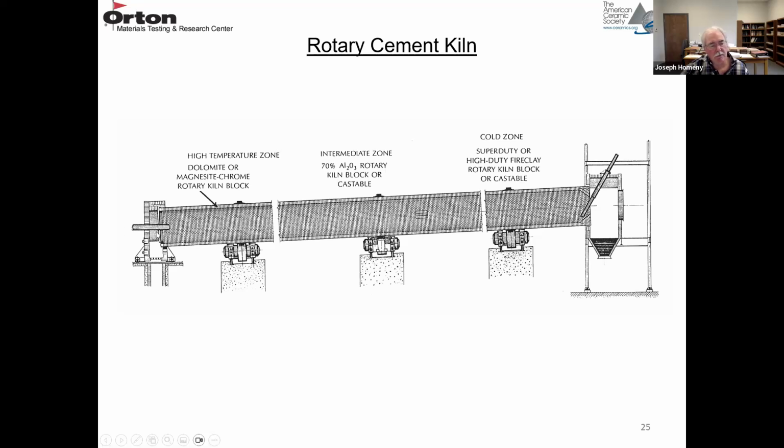So there's a flame here that produces the high temperature in this region and much lower temperatures towards the cold end. So as the charge travels down here, it reacts and forms the cement compounds, and then it exits right here at the hot end.